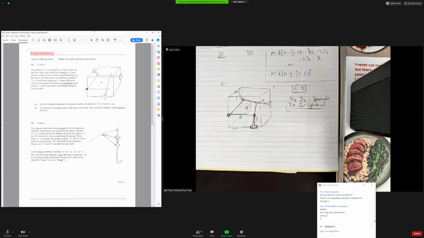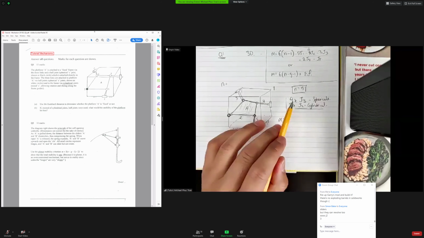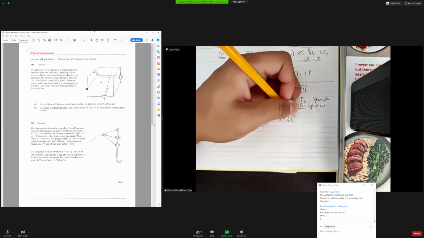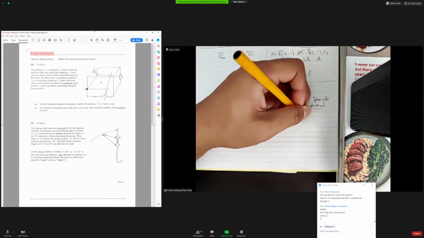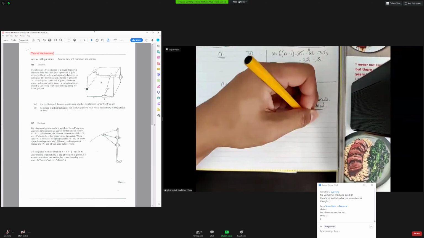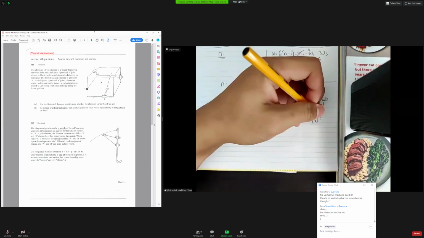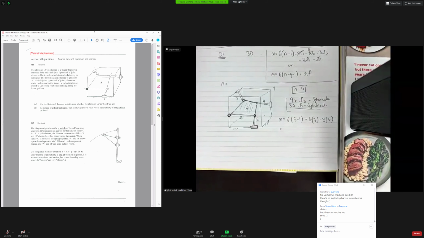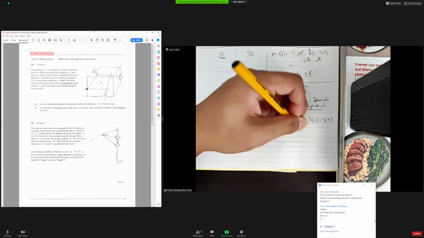So Kutzbach theorem, M equals, so J3 and J2, that's what we've got. You can cross that out, that and that. 6 times 5 minus 1 minus 4 times 3 minus 3 times 4. 6 times 4 minus 12 minus 12.